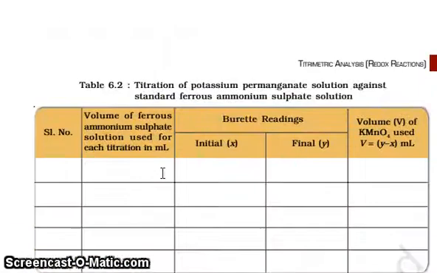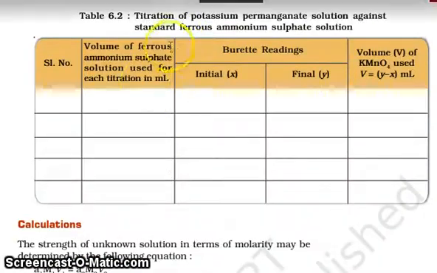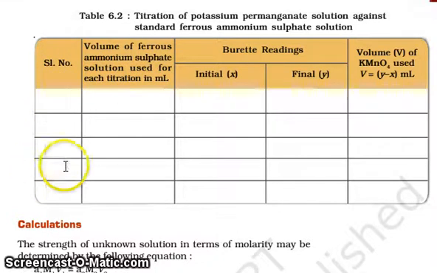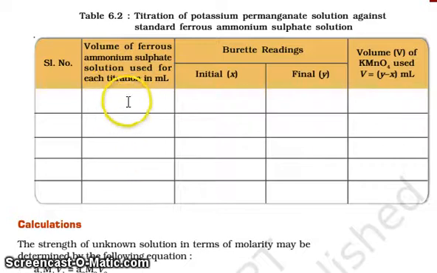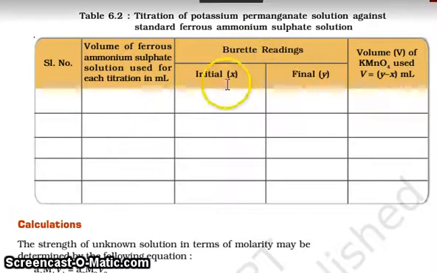This is the table, an important table. You can see you have to write here the serial number, how many times we did. In this you have to write the volume of ferrous ammonium sulfate solution used for each titration in ml. Almost all the time people take 10 ml. And this is the important burette reading, initial and final.